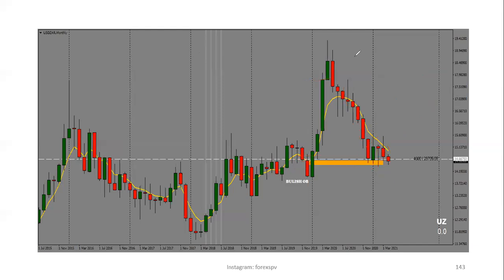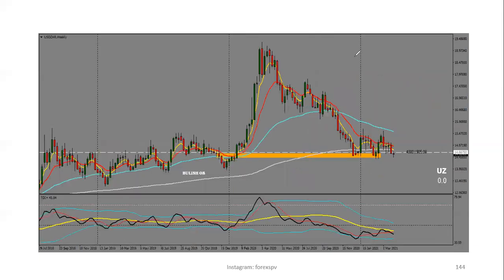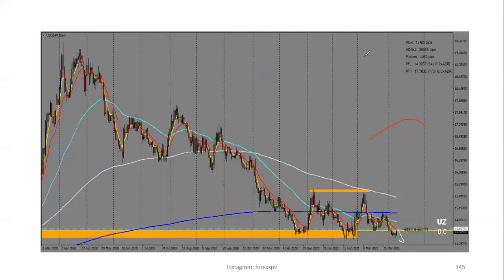And if you narrow down now to a lower time frame, so this is the monthly time frame. On the weekly, you can find we actually had a W and an M. So we had this W, but then we had this M. And if you narrow down now to the daily, we had a long-term consolidation around this order block, and then the market went up.